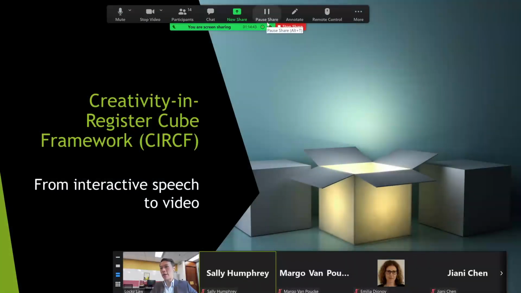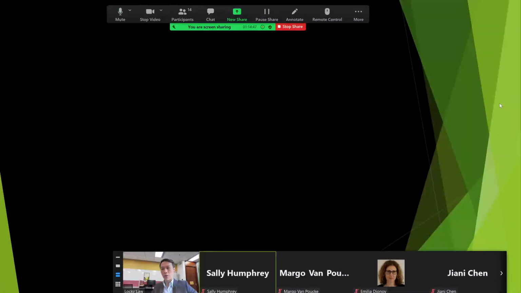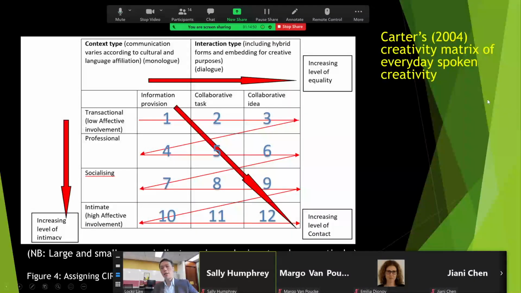Right, and so we start with the first one, from interactive speech to video. Like you saw in the table, I started with the idea that came from Carter, his creativity matrix of everyday spoken creativity. He had the Henkel corpus, and he looked at the instances in quantitative terms. But when he did the analysis, obviously he had to go for a qualitative approach.